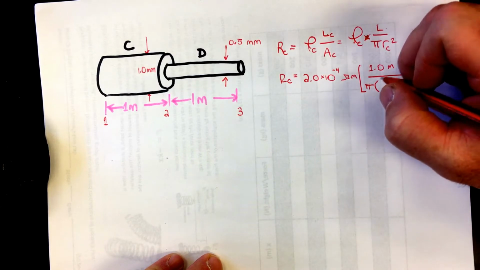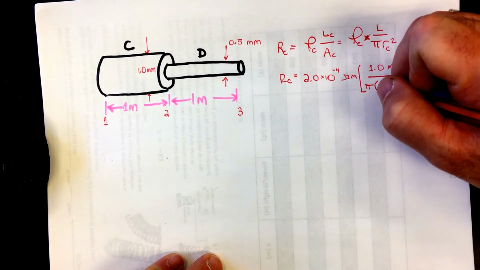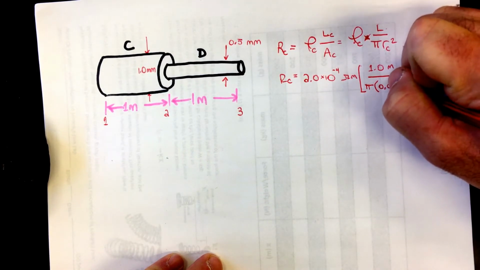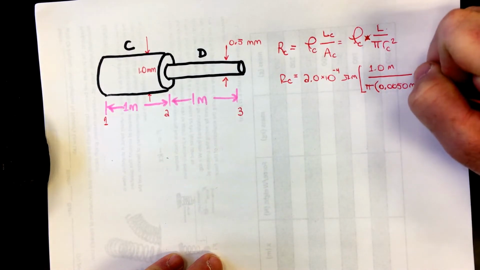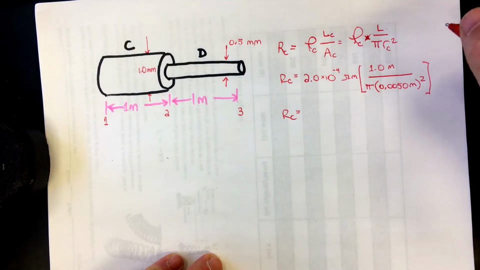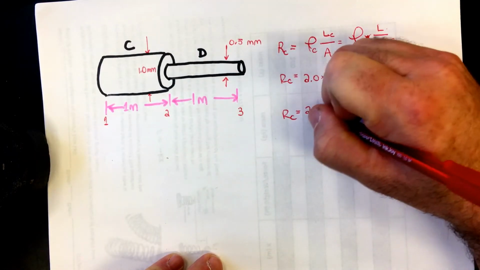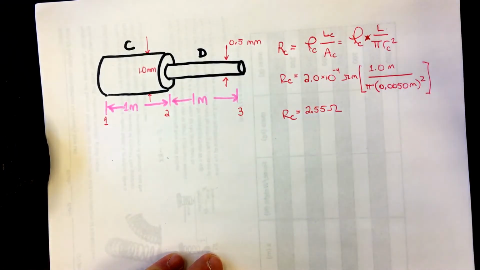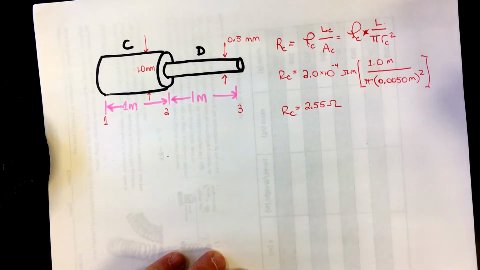The diameter is 1 millimeter. We need to convert it to meters, so the radius is 0.0050 meters, and then we have to remember to square that. When we run that through a calculator, we get 2.55 ohms as the resistance of segment C.